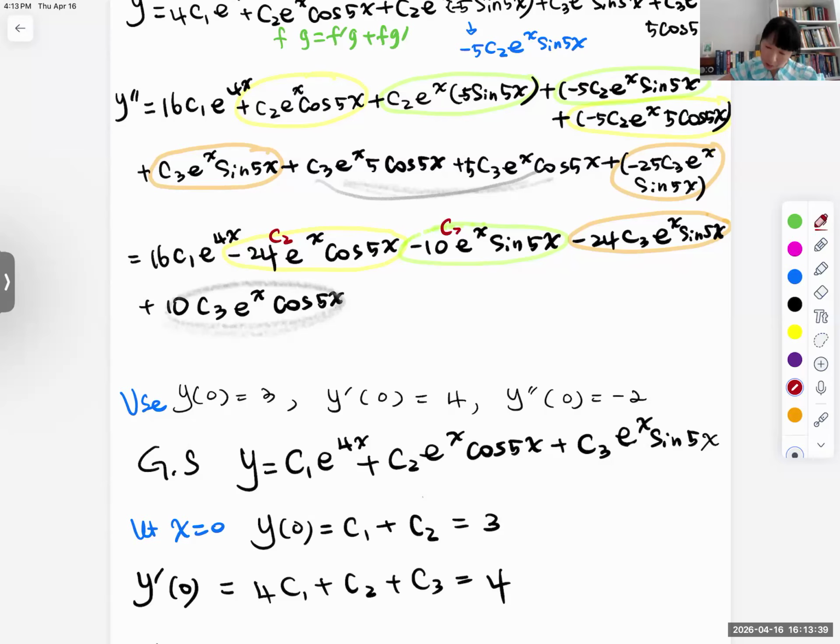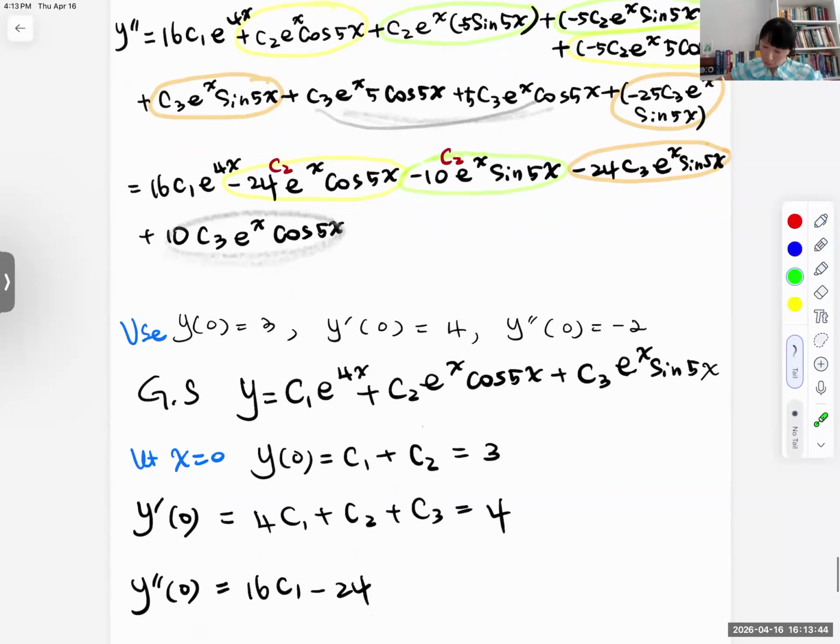Also c sub 2 is missing there, right? And then c sub 3 there, right? Okay, now 24 c sub 2. And this is 0. And this is 0. We have 10 c sub 3, right? 10 c sub 3 equal to negative 2, right?